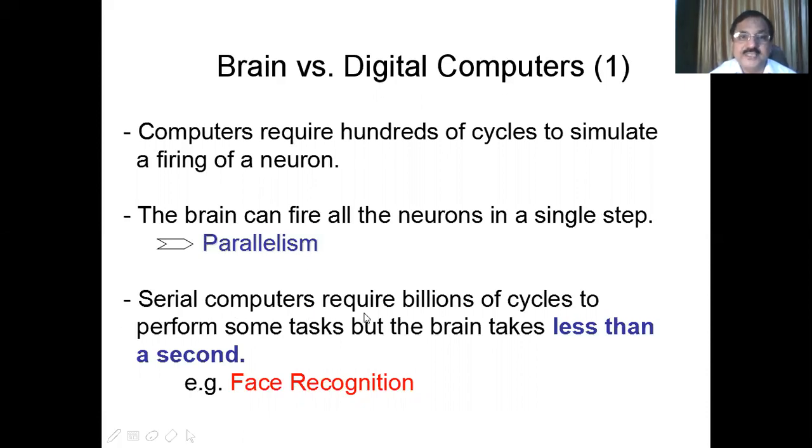Serial computers require billions of cycles to perform some tasks, but the brain takes less than a second. That is, as in the case of face recognition, if you met someone long back and you see them, then you can recognize them immediately.